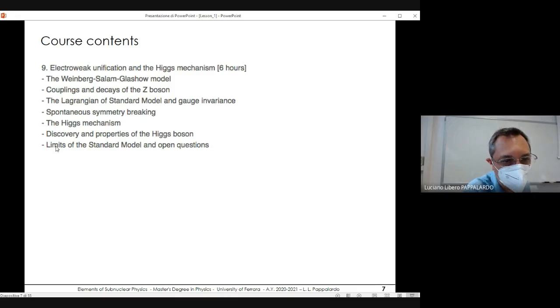We will conclude this chapter with a global view of what we know today about particles, fundamental interactions, and of course the standard model, which is the quantum field theory of all of that.